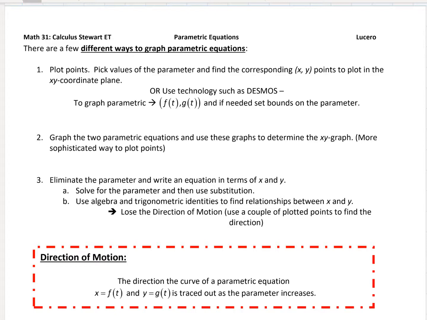One of them is by plotting points. Anytime we come across a new function, a new curve, a new definition of something we want a graphical representation for, plotting points is a good fallback. So we can always start by plotting points. We just pick values of the parameter, create a table, plug them into both f of t and g of t, and figure out what the corresponding xy ordered pairs are so that we can graph them.